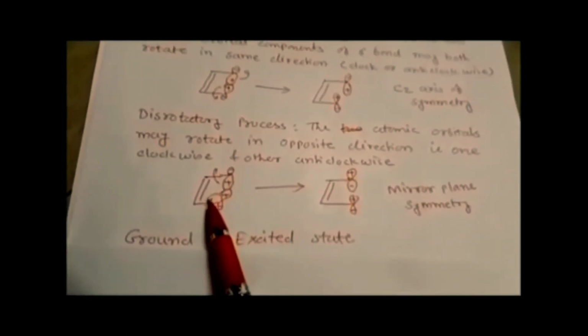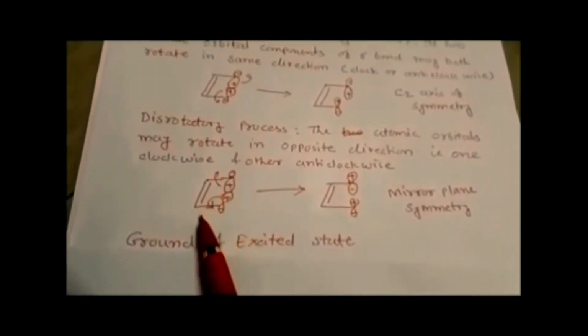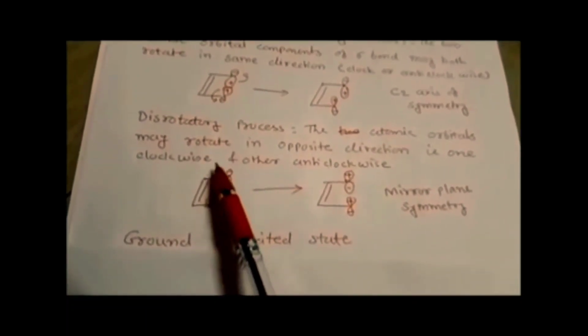Then in the disrotatory process, the atomic orbitals may rotate in opposite directions, that is, one in clockwise and the other anti-clockwise. See here, this is positive, that means overlap. Now this orbital opens in this direction, that is anti-clockwise, and this orbital opens in a clockwise direction.